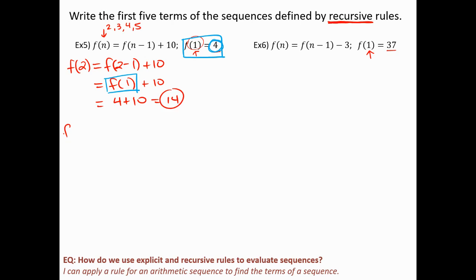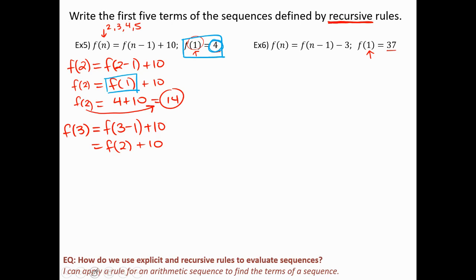All right, so then I'm going to go ahead and do that with the next term. I'm going to do f of 3, and all the n's become 3's. And so this one, f of 3 minus 1 gives me 2, and then plus 10. Remember, this f of 2 means the second term, which we saw back here equals 14.